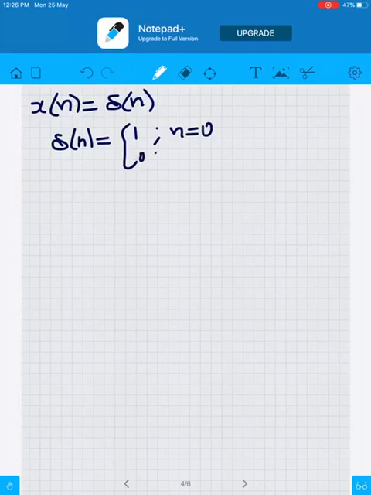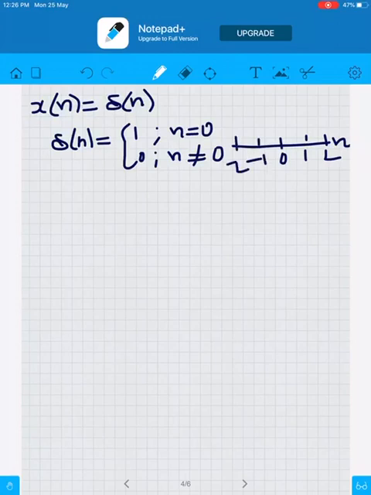It is 0 for n not equal to 0. So if I plot it, say this is n discrete, 0, 1 and 2, minus 1 and minus 2. Only at n is equal to 0 it will have the value, and it is 1. So this is 1 and this is delta of n.